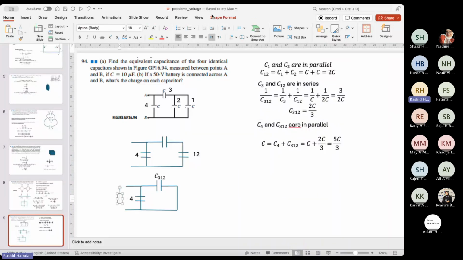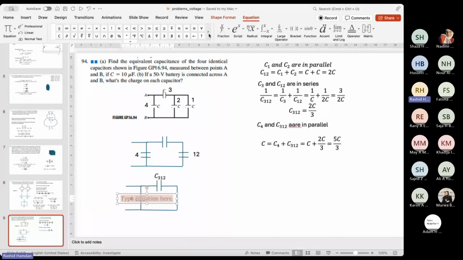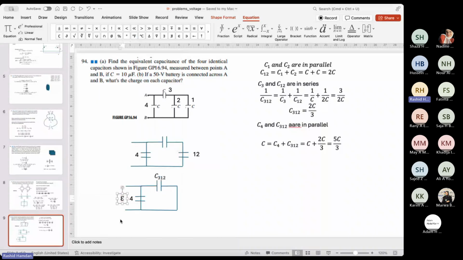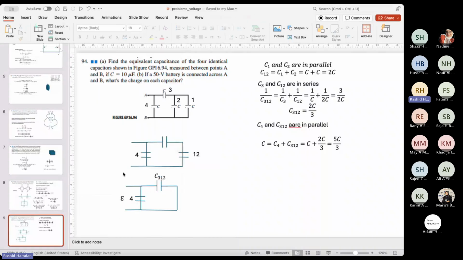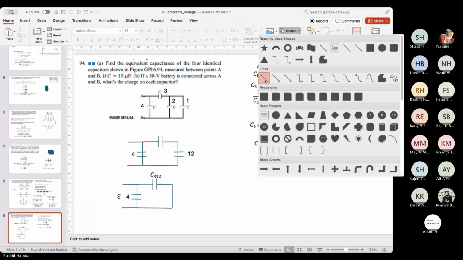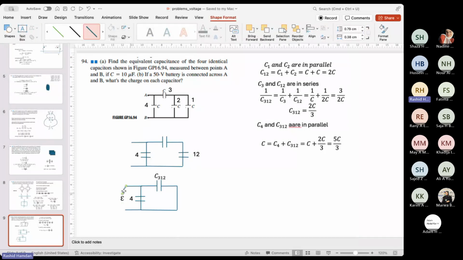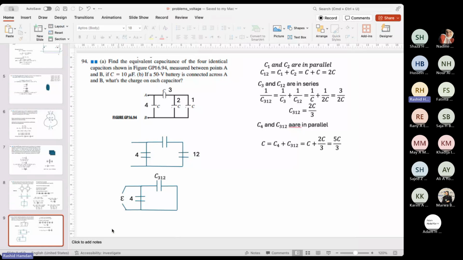Nicer. Okay, so this is our battery. So we're connecting it to the battery. There it is.